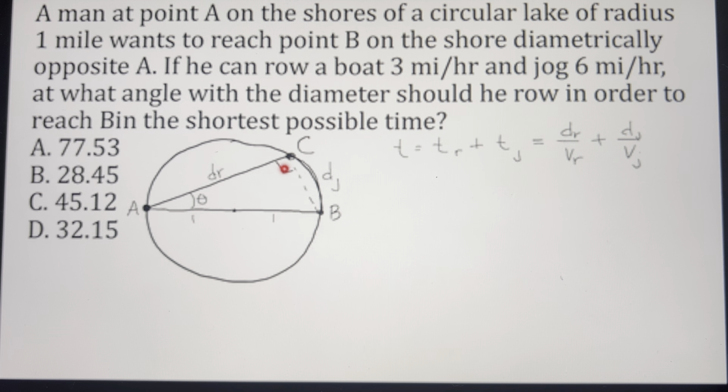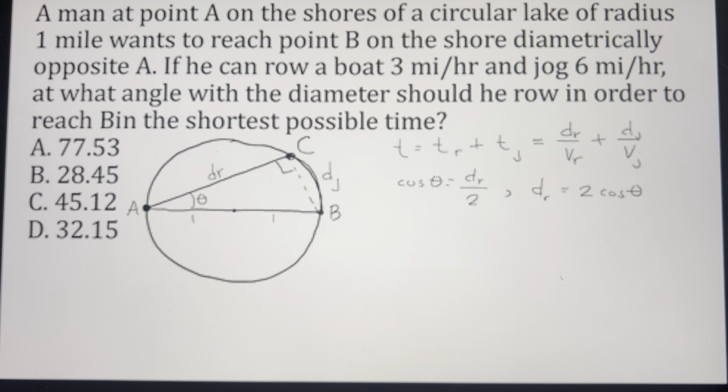Using the Pythagorean relationship here, the cosine of theta is the distance we row over the diameter, which is 1 plus 1, and that is 2. So the distance we rowed will be 2 cosine theta. And for the distance we jog, let's say we use this central angle.